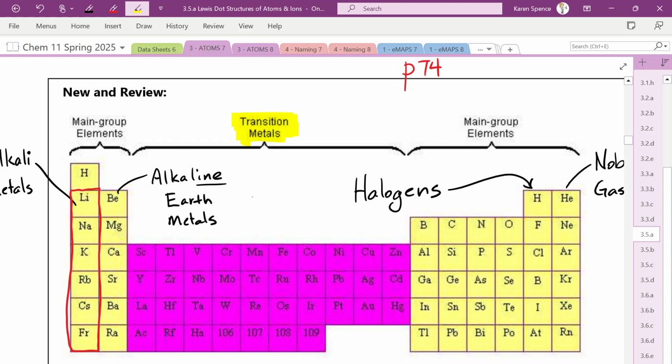They forget them because they're not all together on the periodic table. Some of them are on the left side, and some of them are on the right side. Do you see all the yellow ones up there? Every single yellow one is a main group element.